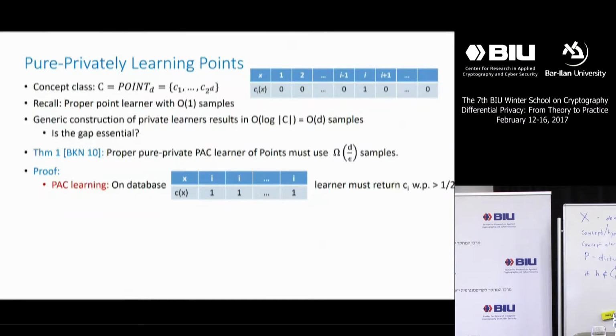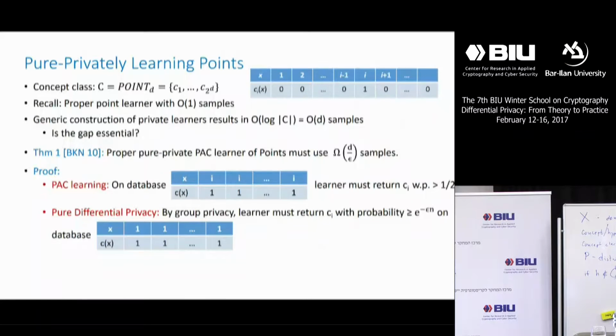So let's look at this case where all the input points are located at x value i, and the label is 1. So this forces the learner to return this concept Ci with high probability, say with probability at least 1/2. We want it to be 1 minus beta, but at least 1/2. And this is true for all i.